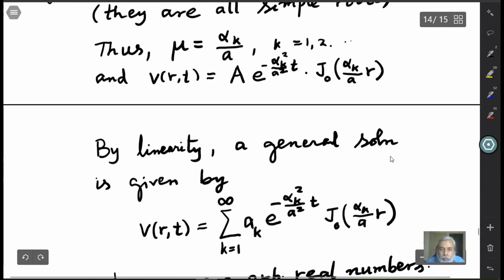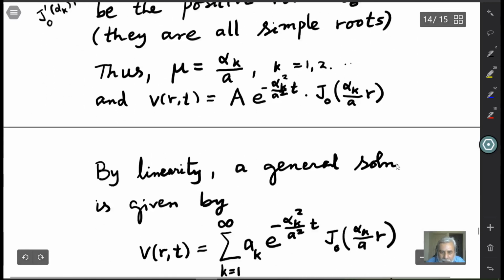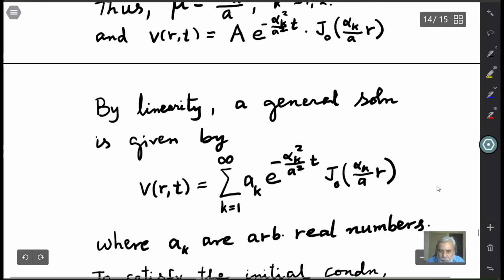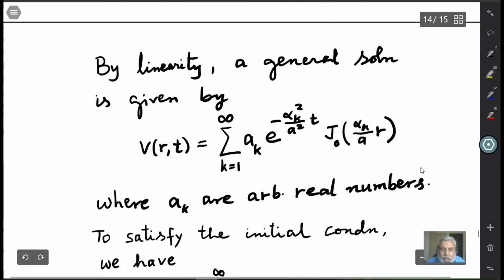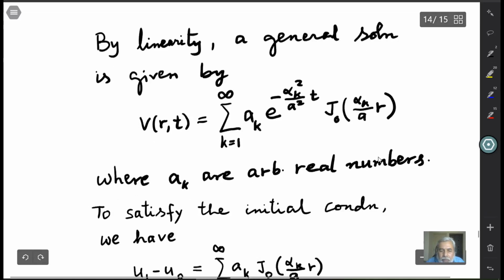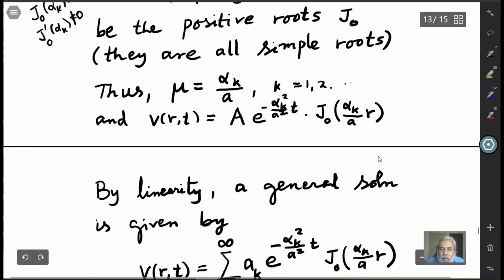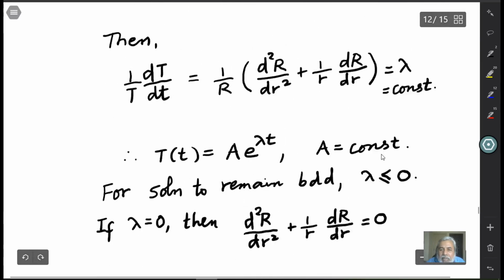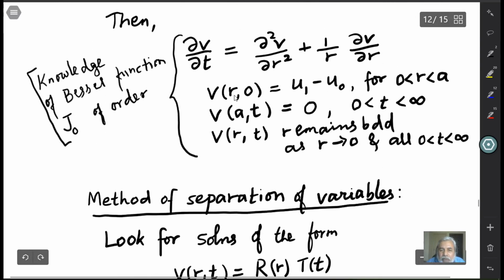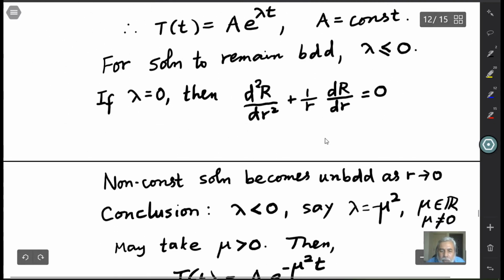By linearity of the problem, equation and boundary conditions, we can write a general solution of the given problem as v(r, t) equal to the sum of a_k, which are arbitrary real constants, times exponential of minus alpha_k squared by a squared t, times J0(alpha_k r by a). Now we have another condition to satisfy, namely the initial condition, v(r, 0) equal to u1 minus u0.